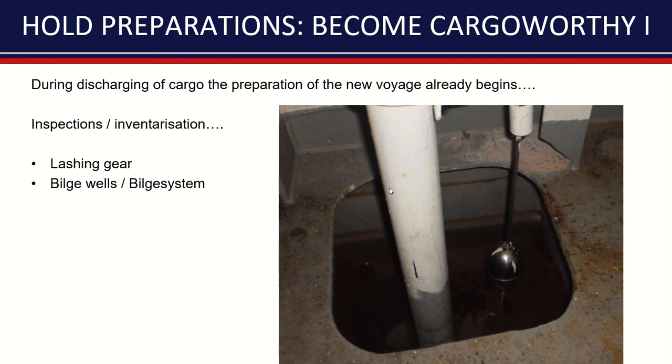The bilge well fills up with fluid, and then this floater will make an alarm, and then this alarm will sound in the engine room, and one of the engineers can have a look at the bilge well, see which fluid is there, and if needed, the fluid will be pumped away to a tank or to the sea. There are some environmental regulations concerning this, but we do that later on.